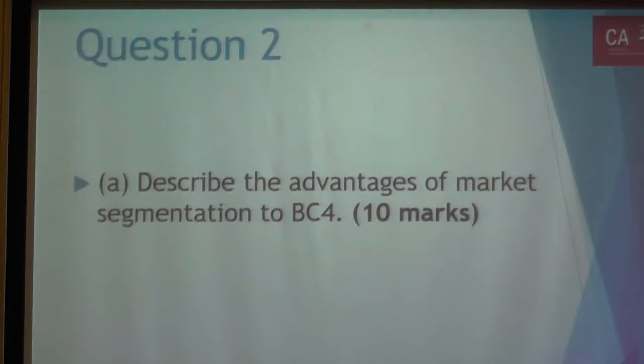Next point, currently BC4 tries to sell its full product range to all potential customers. Yes. That means mass marketing. They don't have a proper segmentation. That means whenever they advertise promotions, it's done without segmentation, without picking or filtering your lot.